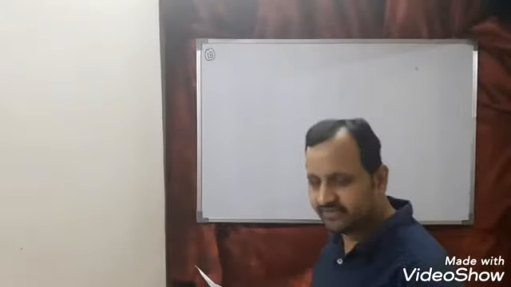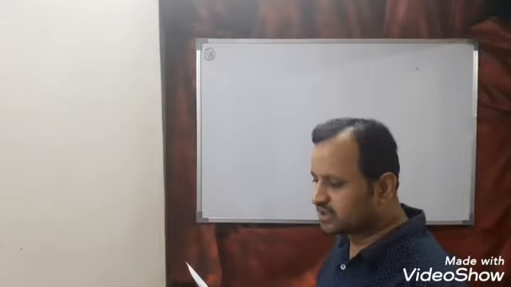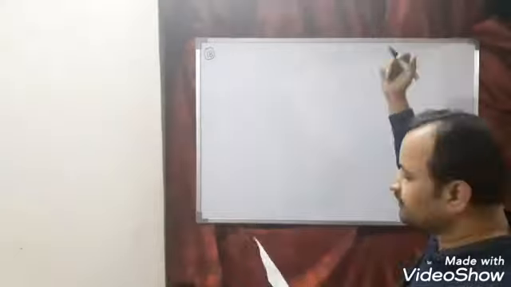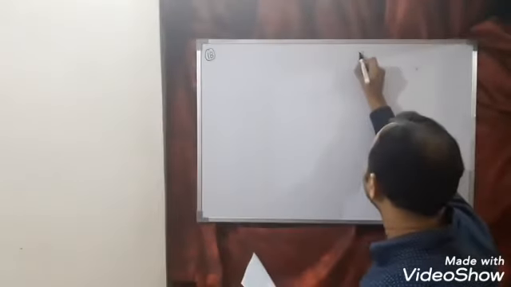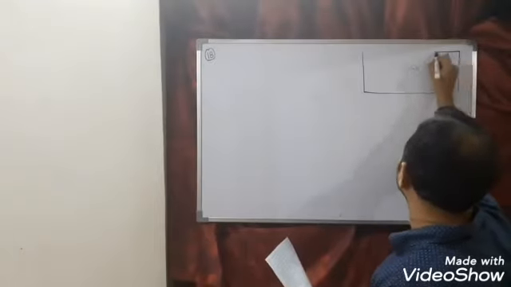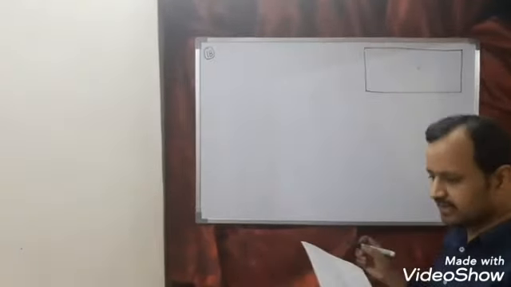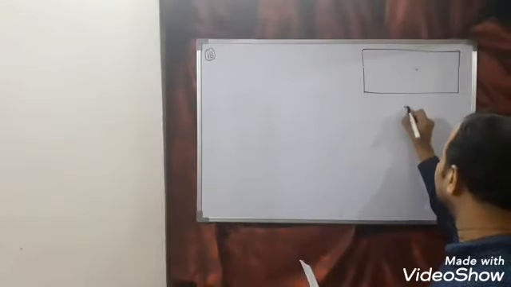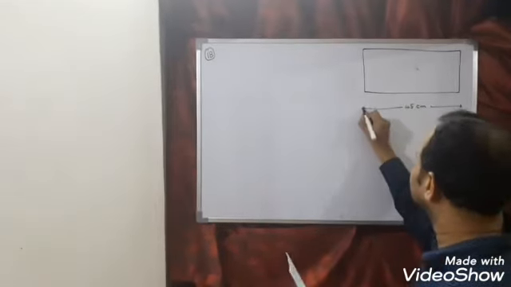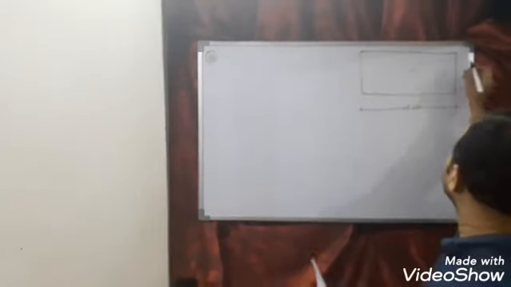The next question is question number 18, and this question is similar to the previous one. Question: a rectangular sheet of tin 45 centimeter by 24 centimeter. So this is a rectangle, and what is given, this total is 45 centimeter, and this is 24.